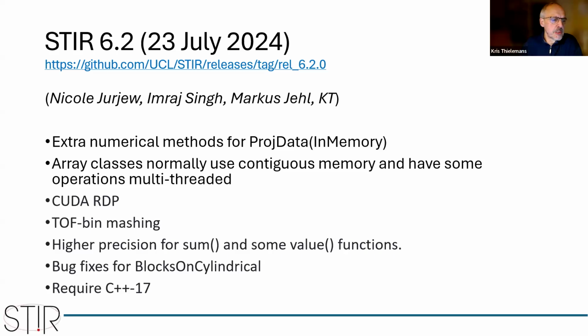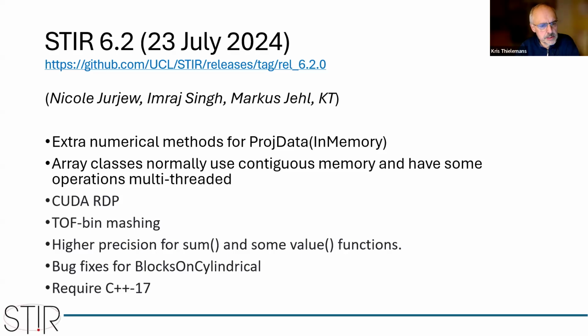Maybe too technical to go into, but one thing there, the third bullet, there was a contribution from Imraj, where he put the relative difference prior completely in CUDA as well, because currently our prior calculations are not even multi-threaded. And so he put that in, and that is sort of our first straight CUDA implementation in STIR, and can be directly ported to all the other priors and other things as well.